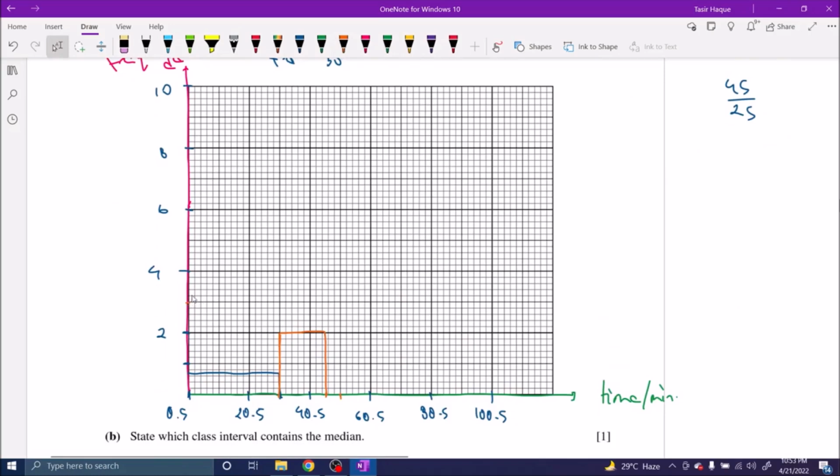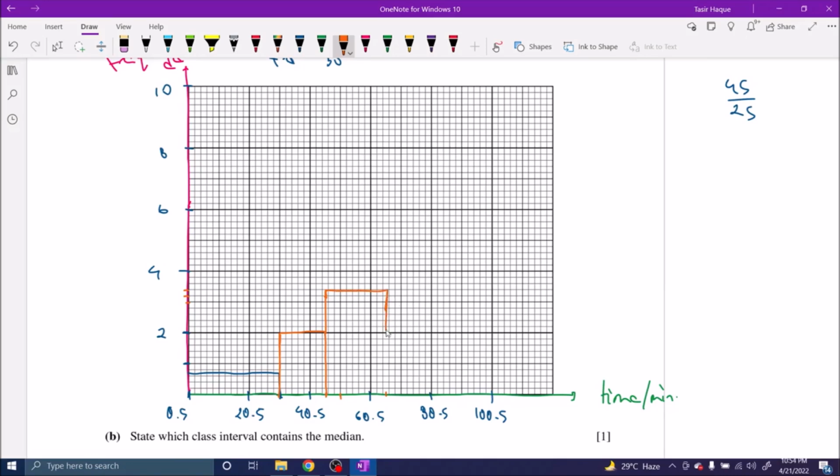This is 3, this is 3.4, right? So it should go up to 3.4. It will continue till 65.5.